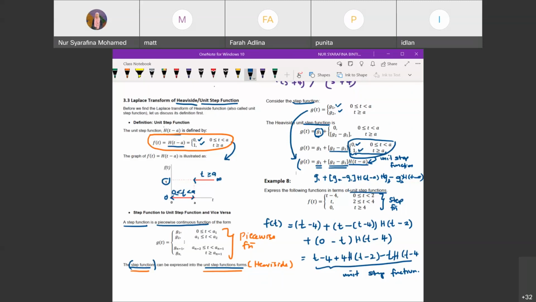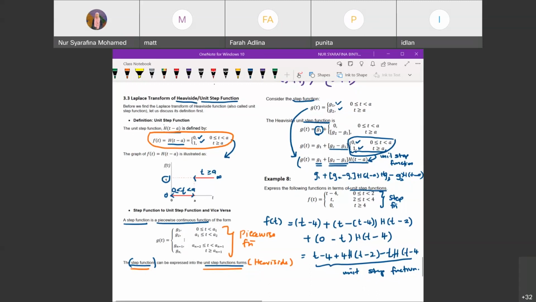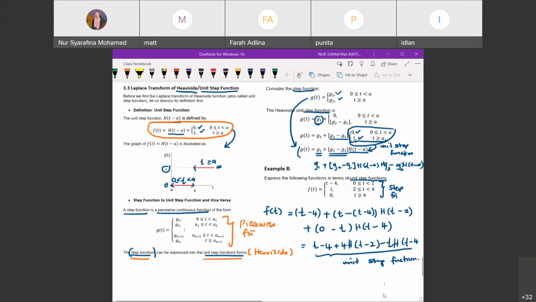All right. So that is how you convert the step function, or piecewise function, to a unit step function.